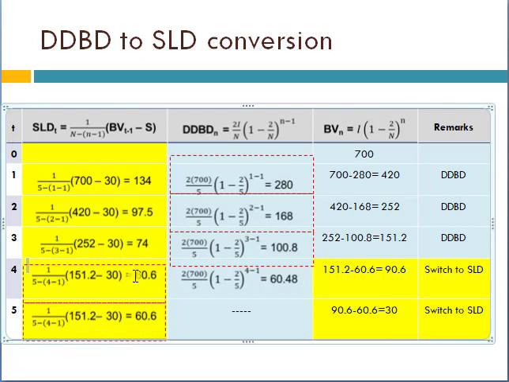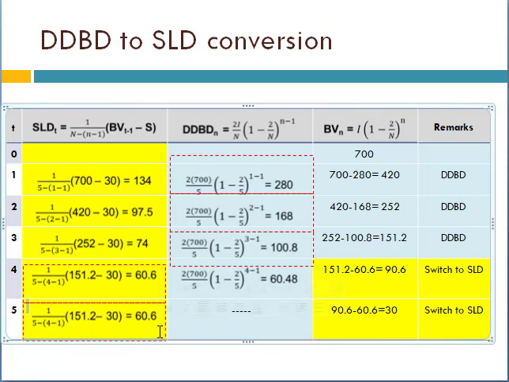Since SLD has a constant depreciation number, the concept is that SLD will give a constant number every year, so you can put it directly 60.6 instead of calculating again by using the formula. And since DDBD will give a smaller value at the end of its time, we can see that the SLD will be the winner.